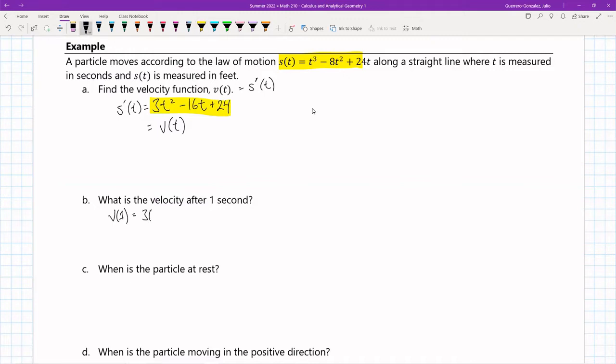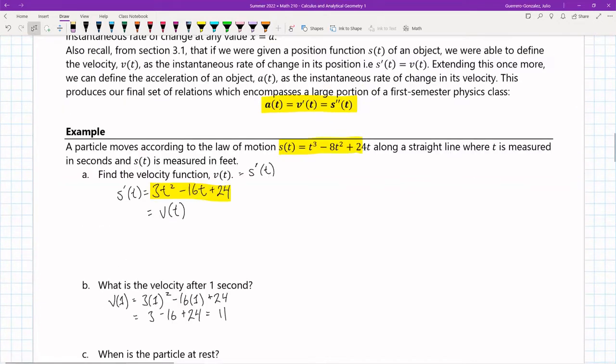So it's going to be 3, 1 squared minus 16, 1 plus 24. 3 minus 16 plus 24. Minus 13 plus 24, I believe that is 11. Okay.